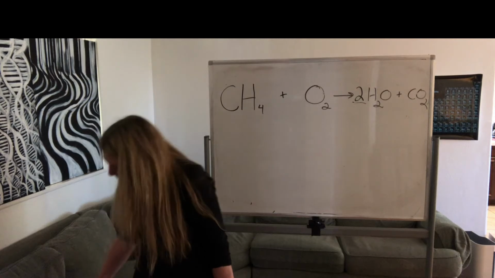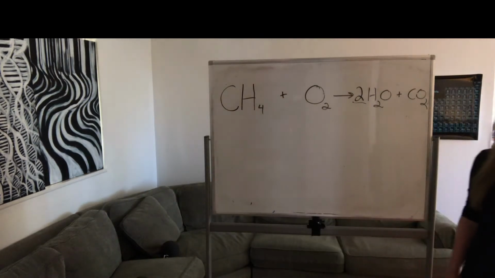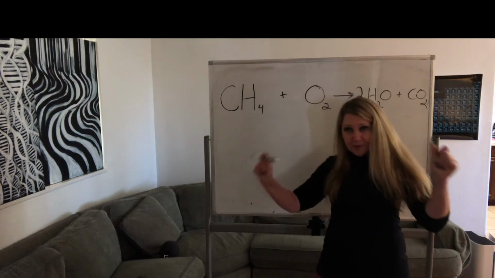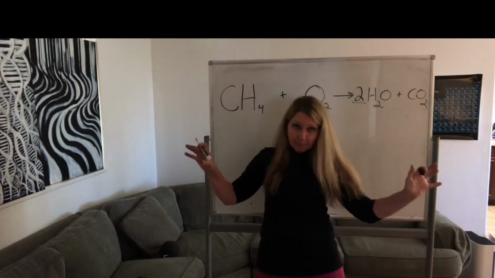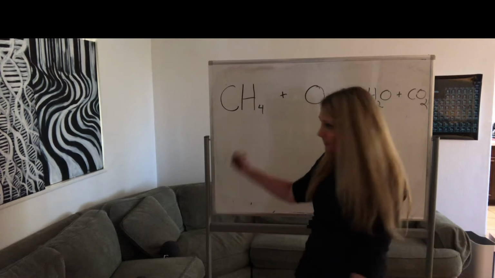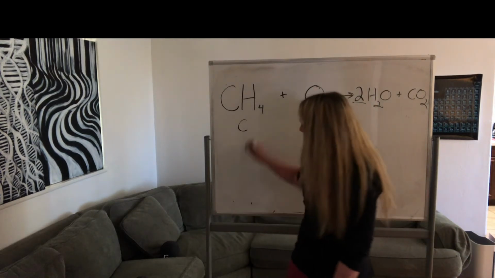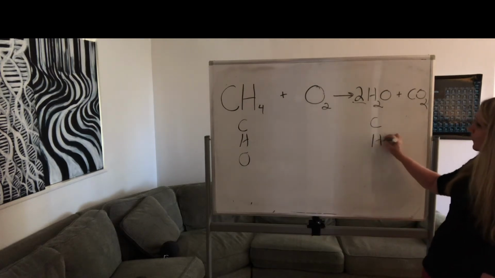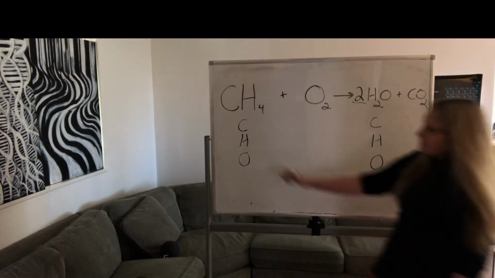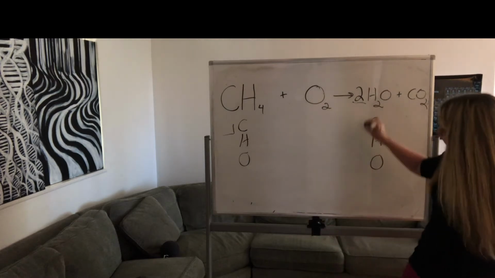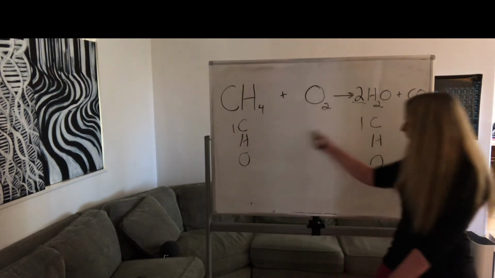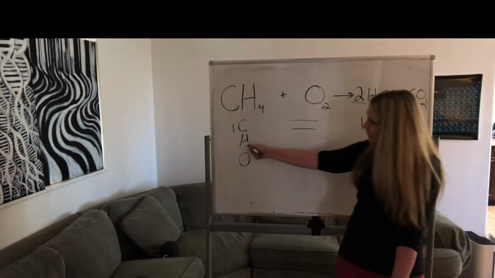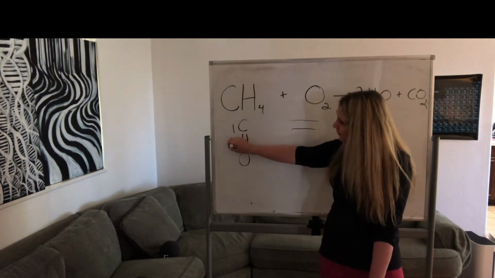Now let's see if we are balanced here. Again, the first thing you do is write down what atoms you have on both sides of the reaction. So carbon, hydrogen, and oxygen. On this side we have one carbon, equal. This side right now we have 4 hydrogens.